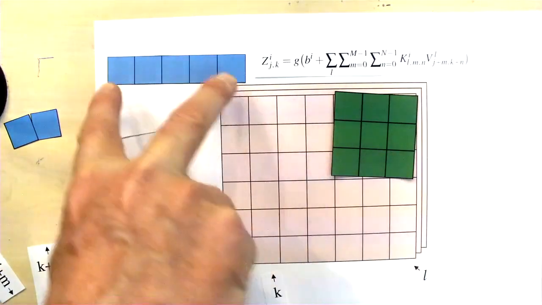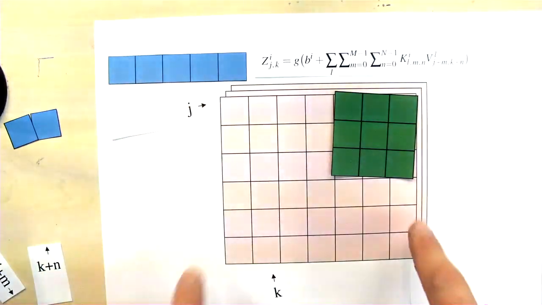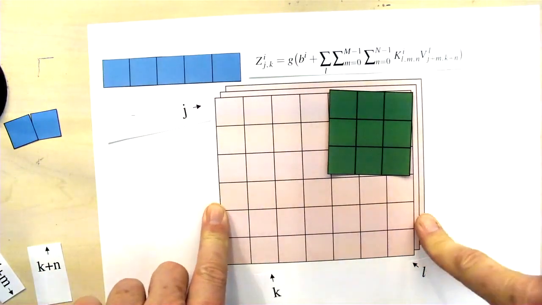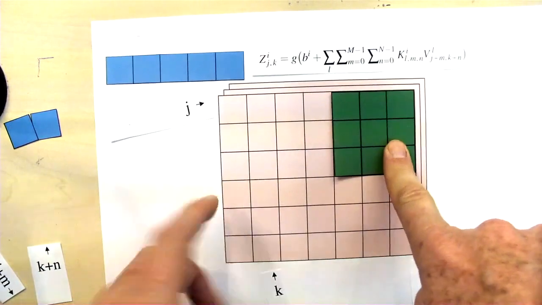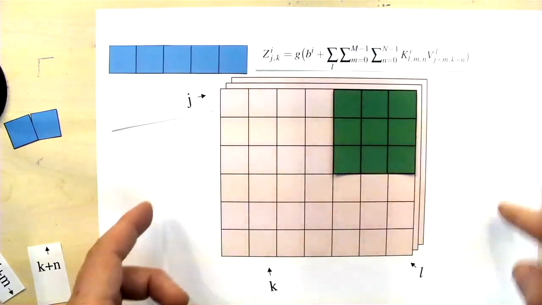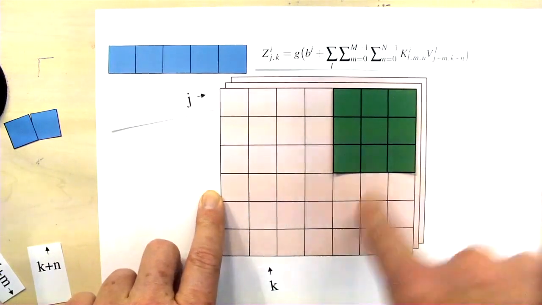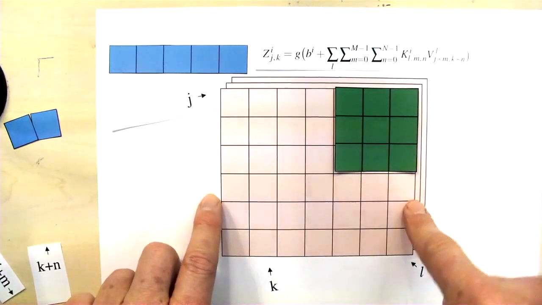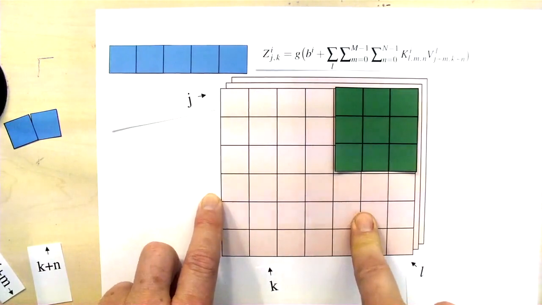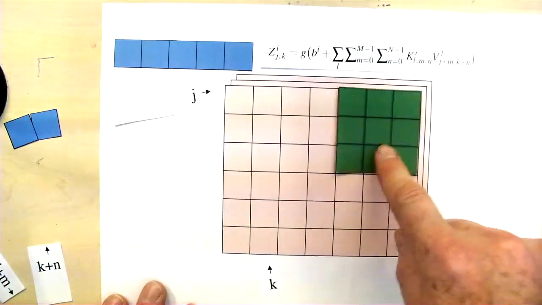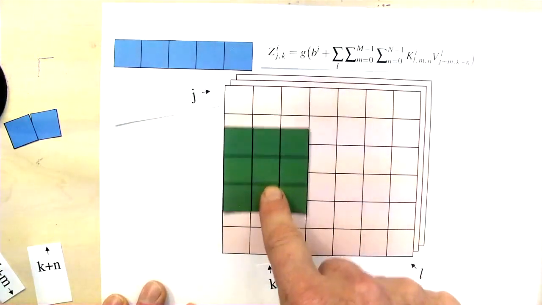So the width of the next layer is going to be this width plus 1 minus that width. So this is 7 plus 1 minus 3, which gives me 5. And then how many columns am I going to have?